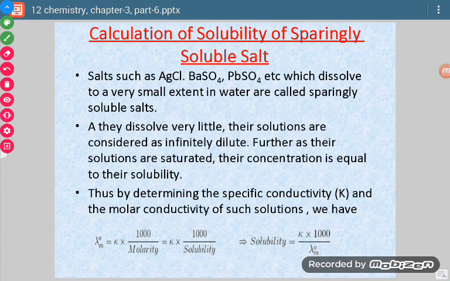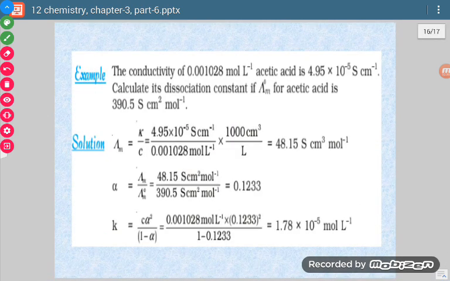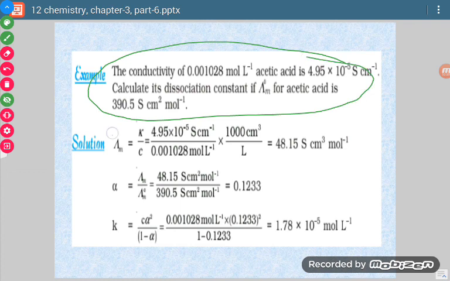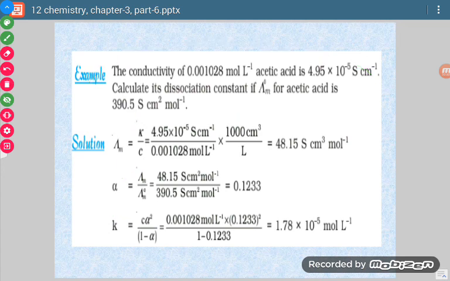Now one more numerical we can solve. From this given data we can calculate the value of molar conductance, degree of dissociation and conductivity. What else is given to us? This is the concentration given to us and the conductivity value is given to us.